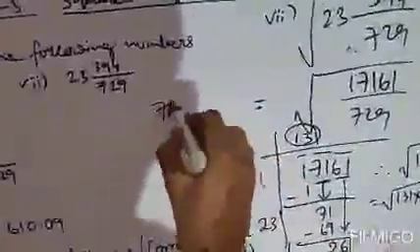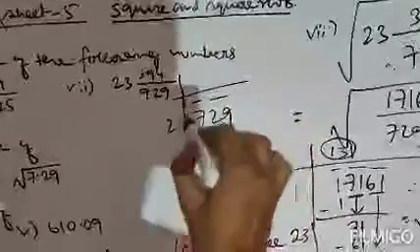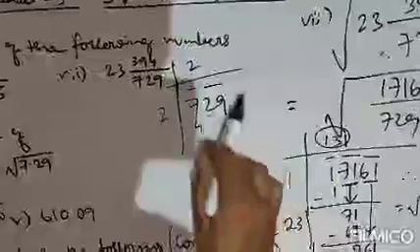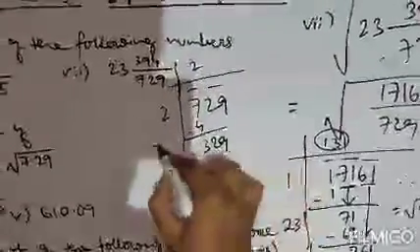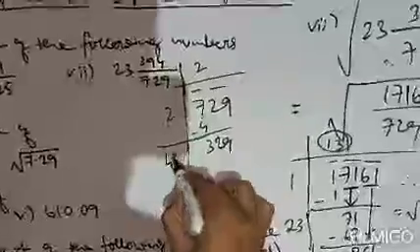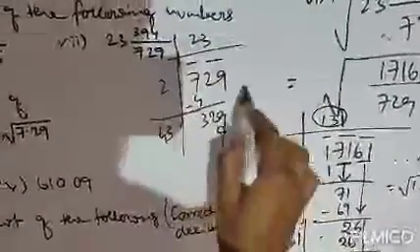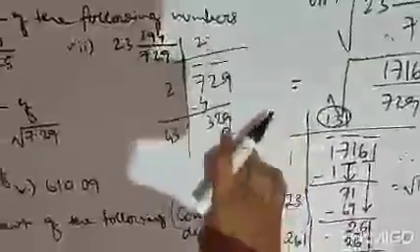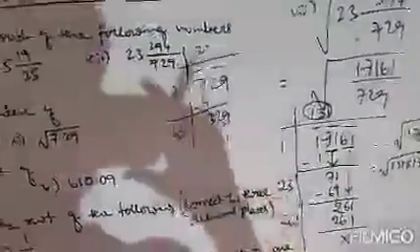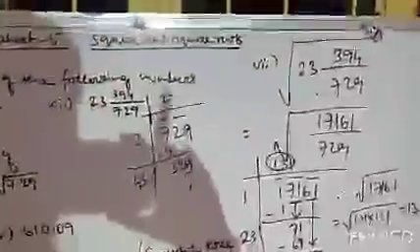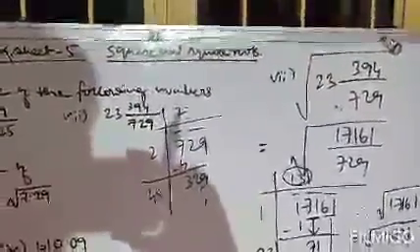So 729, find the square root of 729. That means 2 2s are 4. Subtract, 3, 29. Next it is multiplied by 2. That is 4. Just 3. The 3 3s are 9 and 3 4s are 12. So 329. 4 3s are 12, 5 3s are 15, 6 3s are 18, 7 3s are 21, 9 3s are 27.